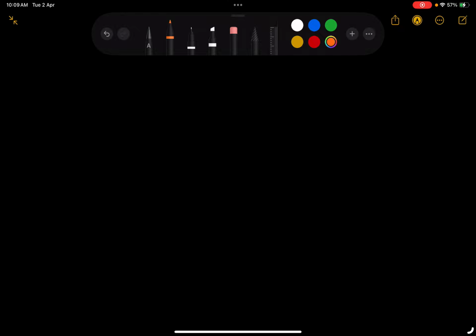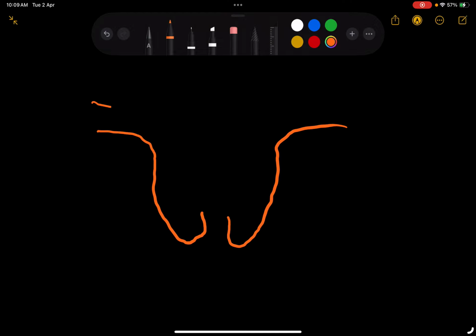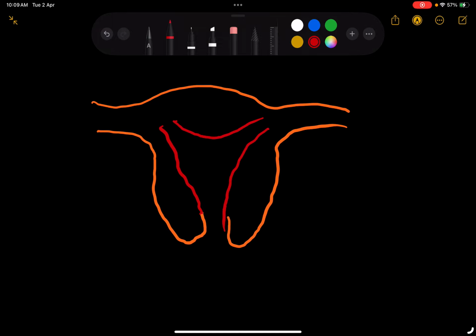The uterus has got a cervix, and it has basically got 2 segments.